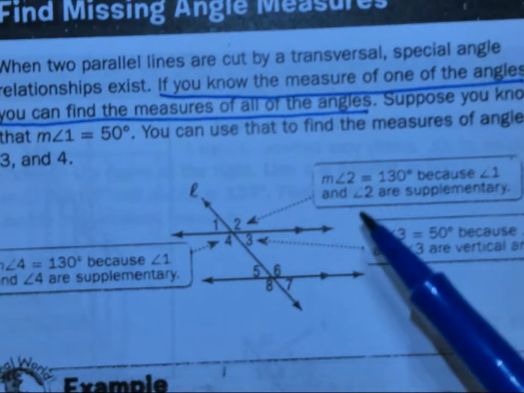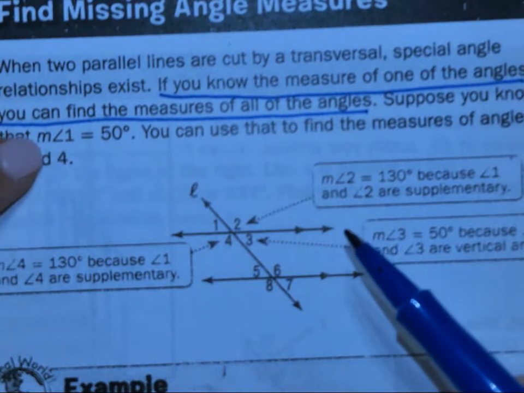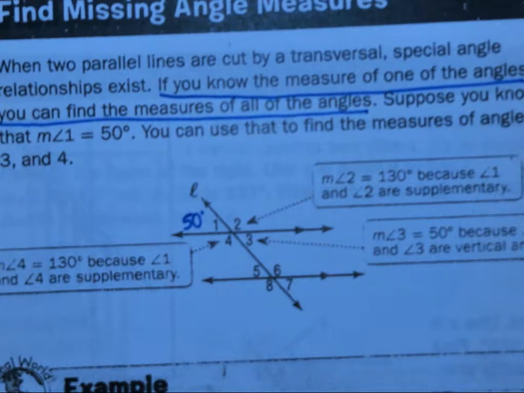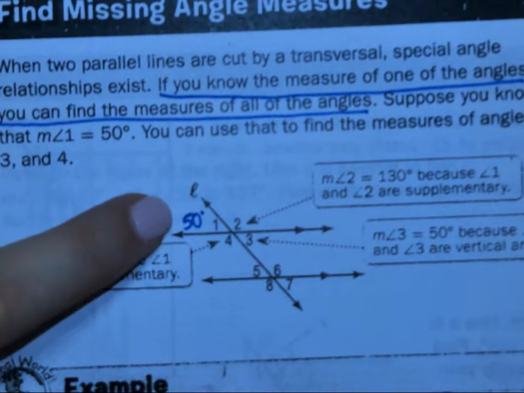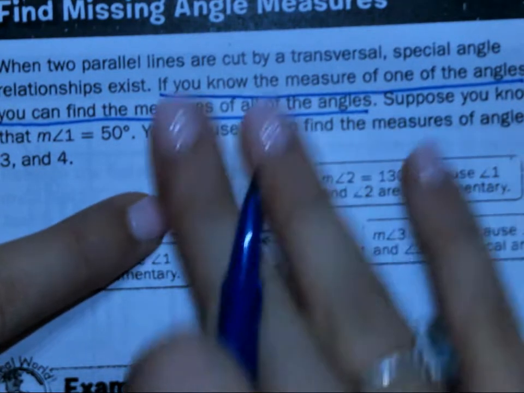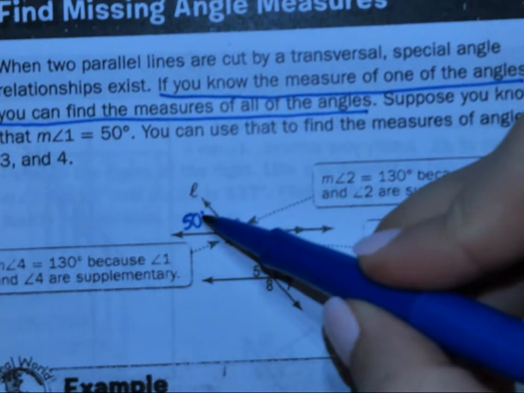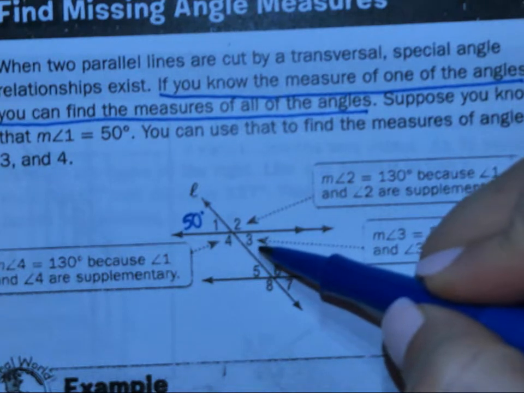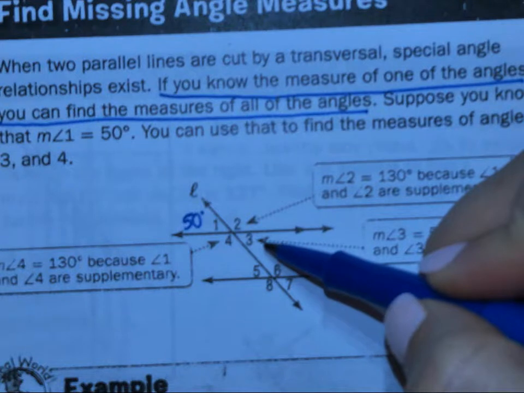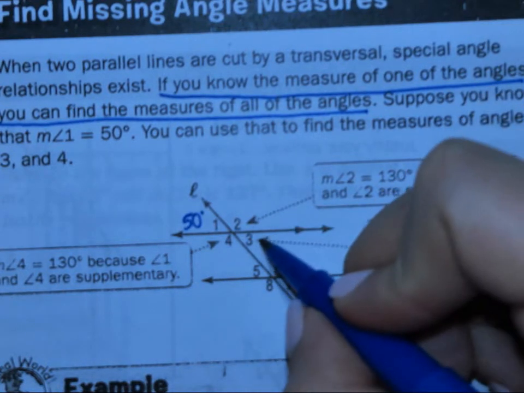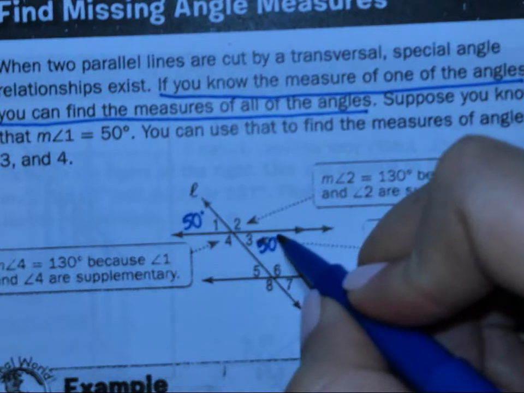Looking at this picture, they tell me that the measure of angle 1 is 50 degrees. So now that I have that one measure, I can find every single other angle measure on there. You think we can? What about angle 3? Angle 3 would have to be 50.